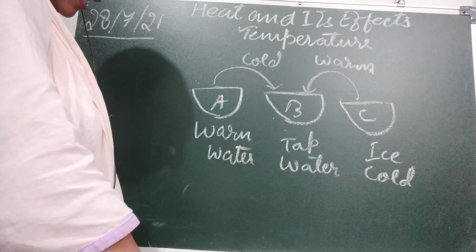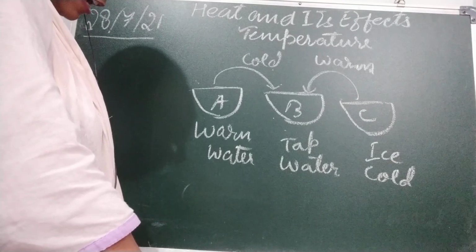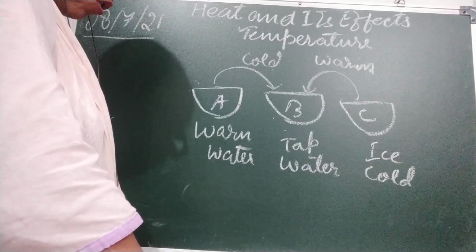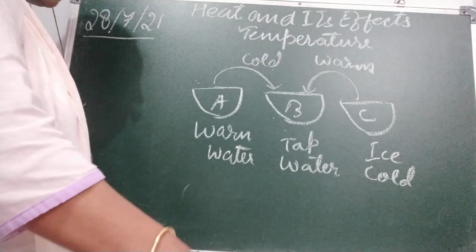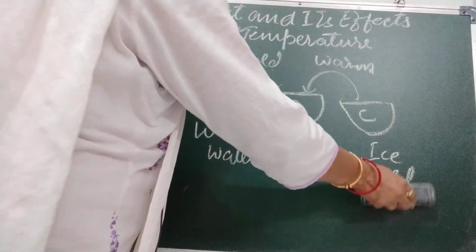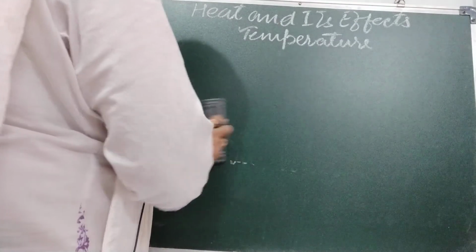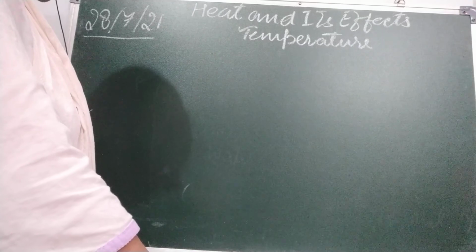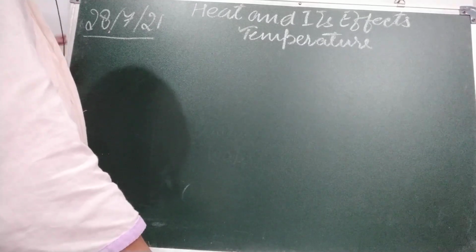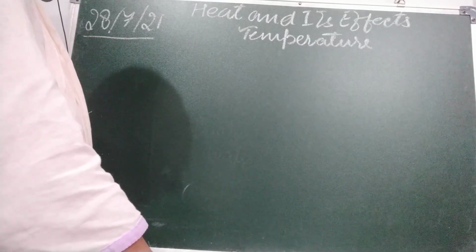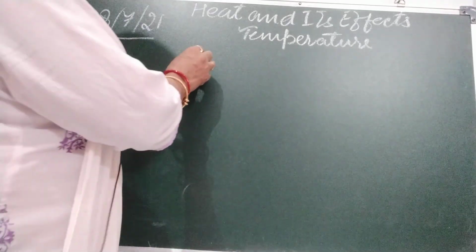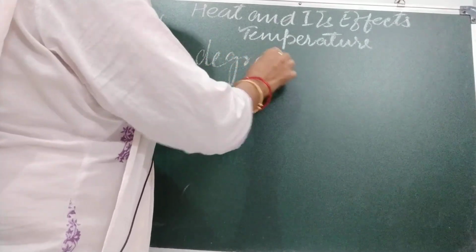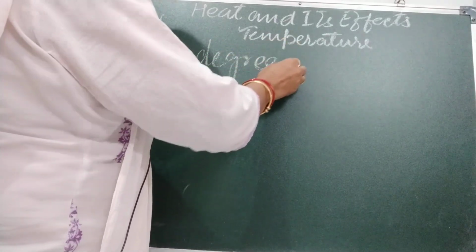So we conclude that we cannot always rely on our sense of touch to decide whether an object is hot or cold. Now I am going to explain temperature. We have just discussed that hotness or coldness of a body is relative. Relative means comparative.